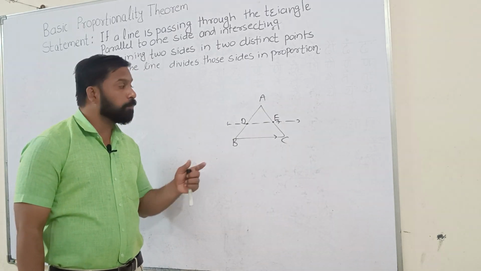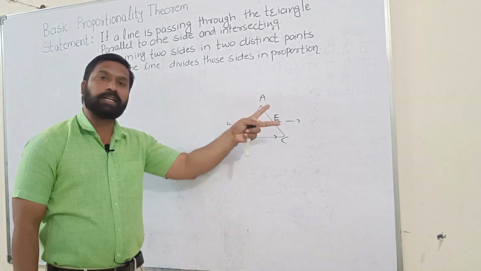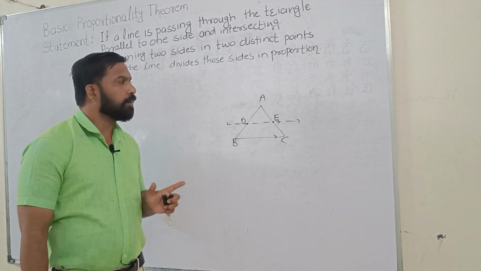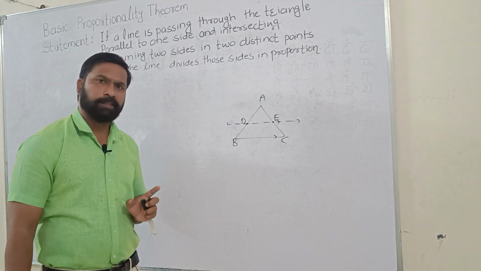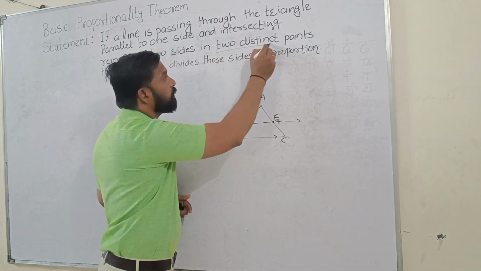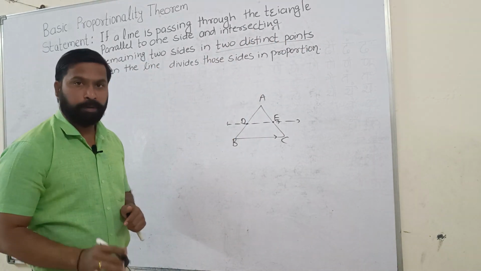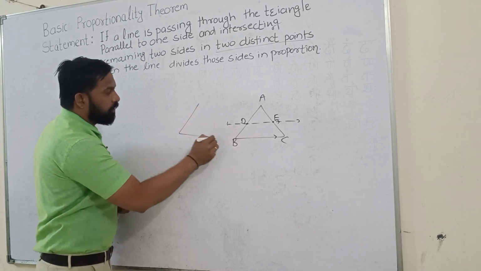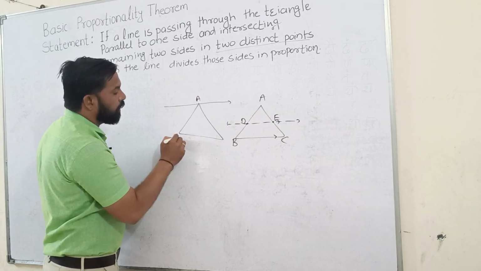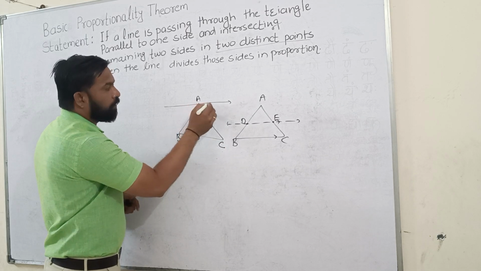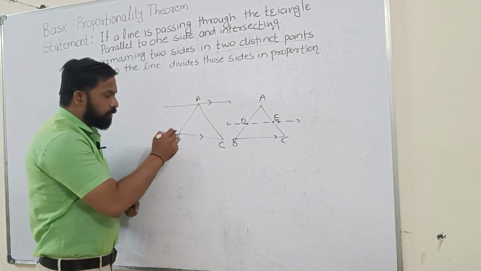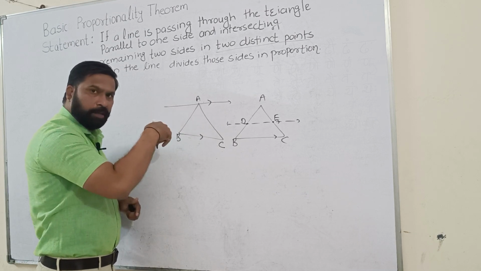Why are they saying remaining two sides in two distinct points? Why are they not simply saying remaining two sides? Why is it necessary to tell two distinct points? Because if this is the triangle A, B, C, and this is the parallel line to BC, is this line passing through AB?